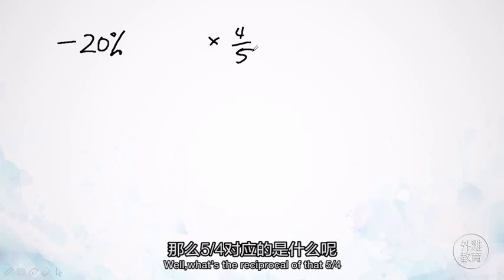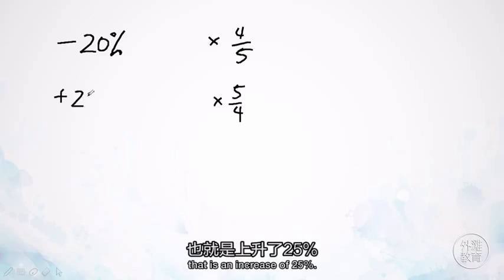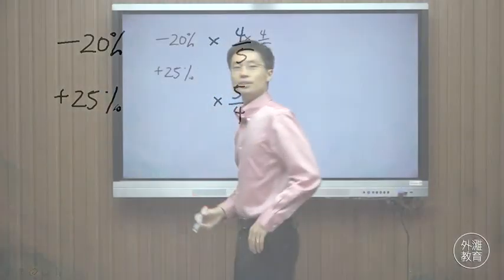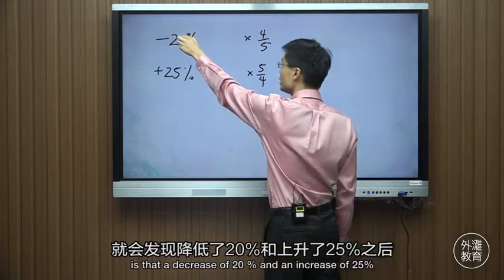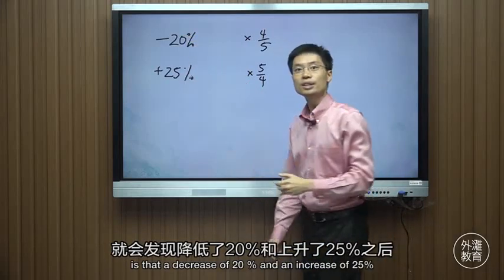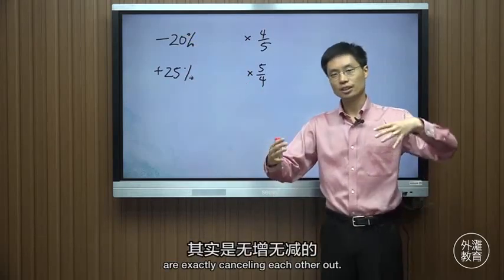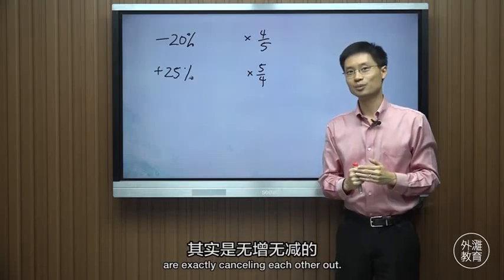Well, what's the reciprocal of that? 5/4. That's an increase of 25%. So something you see after you've done a lot of these questions is that a decrease of 20% and an increase of 25% are exactly canceling each other out.